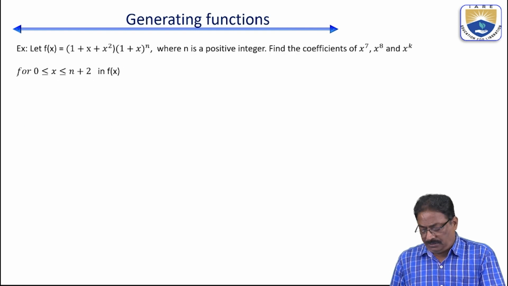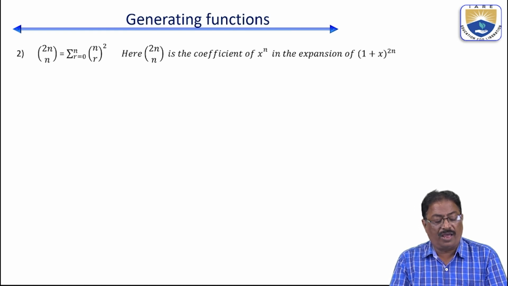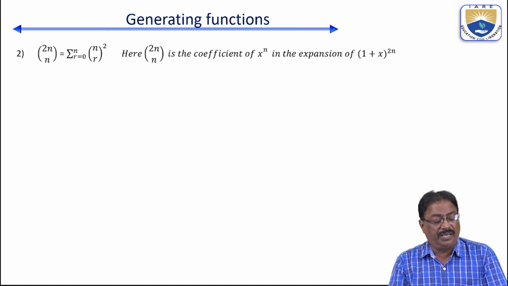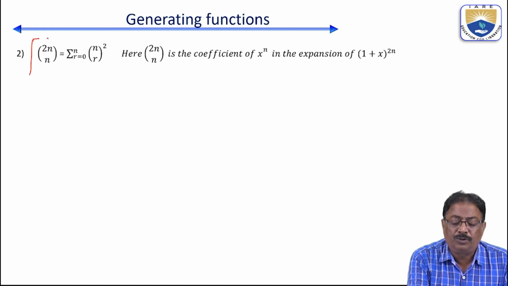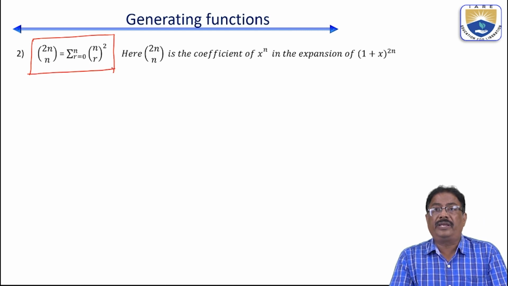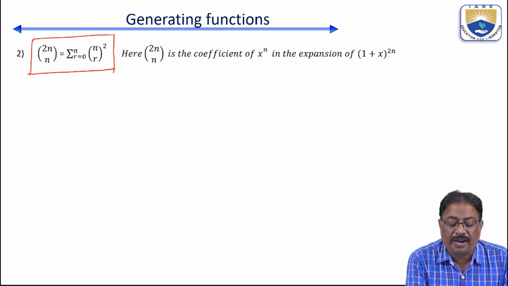Now see here, I am going to find out the value of this one. We have to prove 2nCn is equal to this, and 2nCn is the coefficient of x power n.